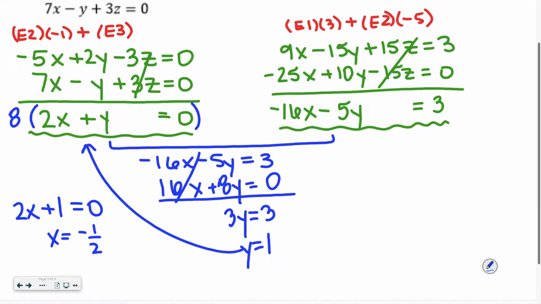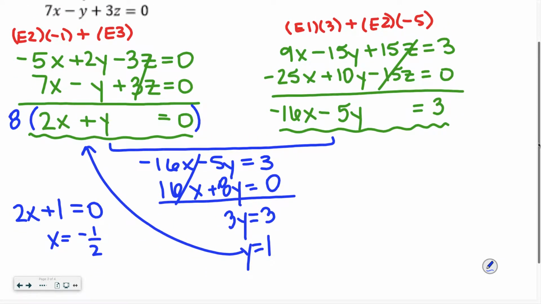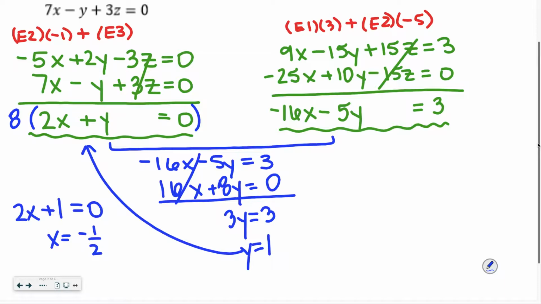Now we need to go back one more level, okay? We solved our two variables. Now we need to go back up to one of the original equations and solve for z. So we know from the third equation that we have 7x minus y plus 3z equals 0.